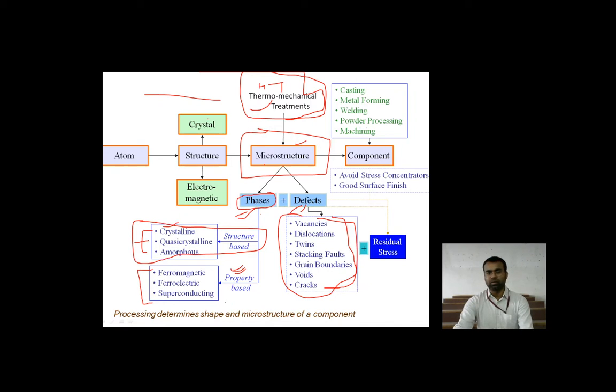The phases and the defects lead the structure and maintain the properties of the material, and defects also create residual stresses, which we must properly manage, arising when we are treating the material or making it by casting and other manufacturing processes.